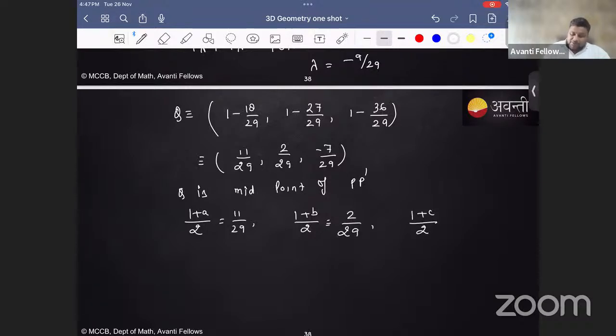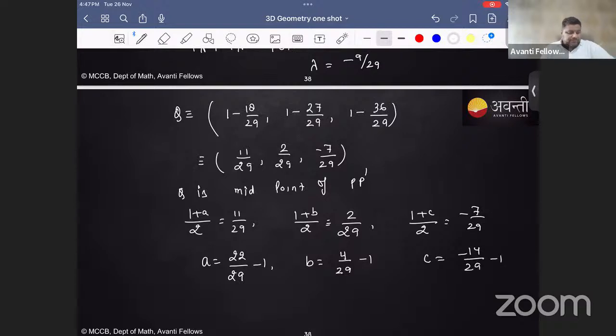And (1 plus C) upon 2 is minus 7 upon 29. Got it? So what is your A? 22 upon 29 minus 1. What is your B? 4 upon 29 minus 1. And what is your C? Minus 14 upon 29 minus 1.